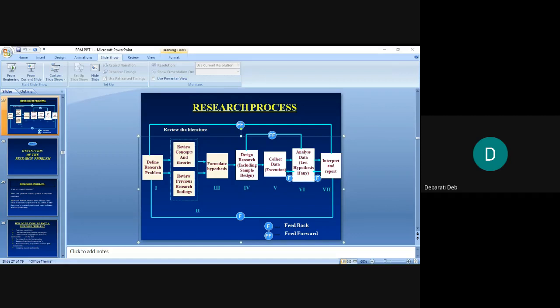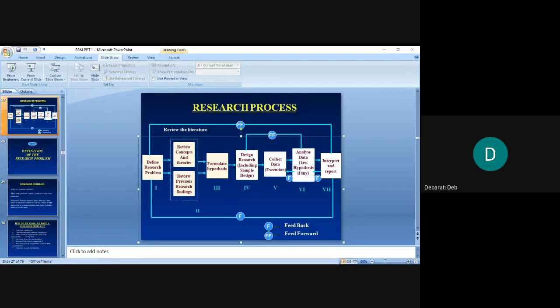Suppose the report has not been properly framed or presented to your reviewer. In that case, you will have to get the feedback and move back towards your previous steps, to see which step went wrong, analysis or collection of data. You have to go back at least till collection of data.